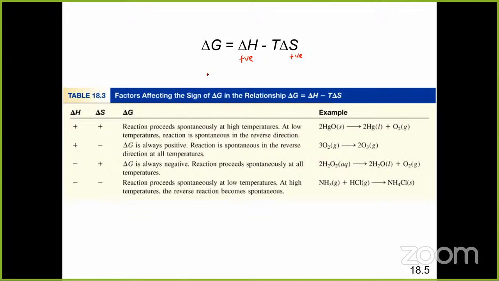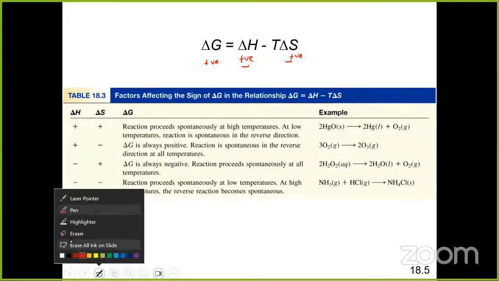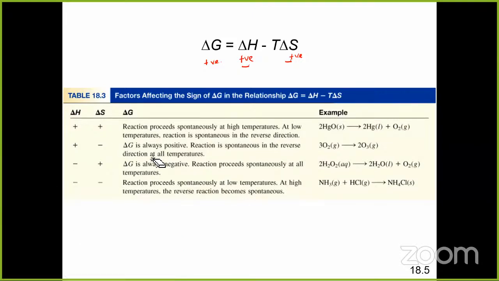Well, if you think about it, if delta H is positive and delta S is positive, the result will be that delta G is always going to be positive, right? You have a positive number. Well, actually, hold on, wait a minute. I'm sorry, I misspoke about delta S, my bad. Delta S is negative.